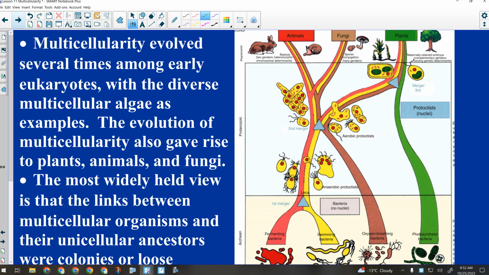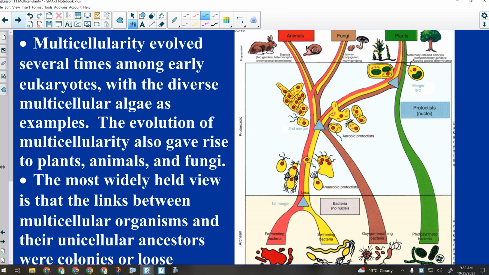Okay, so multicellularity has actually evolved separately. Unlike the similarities between the cells, that evolved from a common ancestor, multicellularity actually evolved separately in several different groups of organisms. So it has evolved in plants, it has evolved in animals, and it has evolved in fungi.